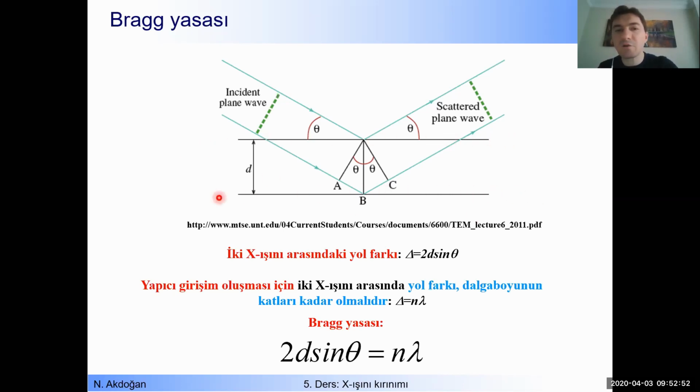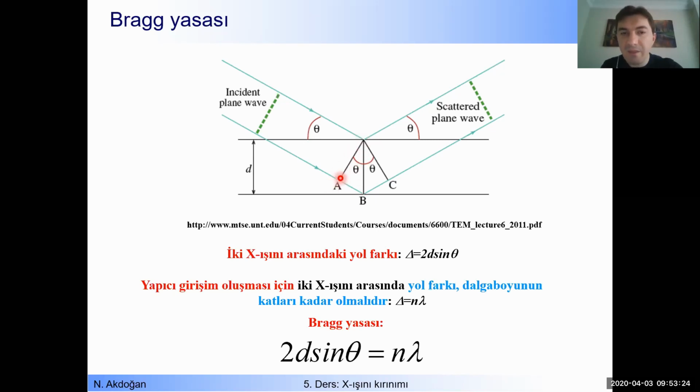This is another atomic plane within the crystal. And this d is the distance between the atomic planes, the interplanar distance. And here we have the incident X-ray beam. It comes with some certain theta angle with the surface and it is reflected with the same theta angle.